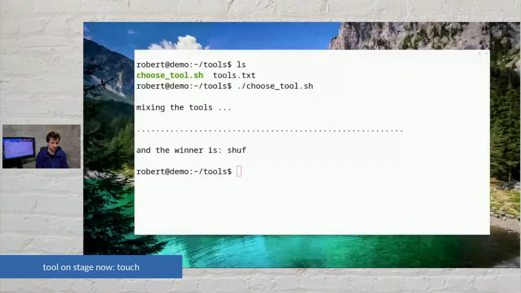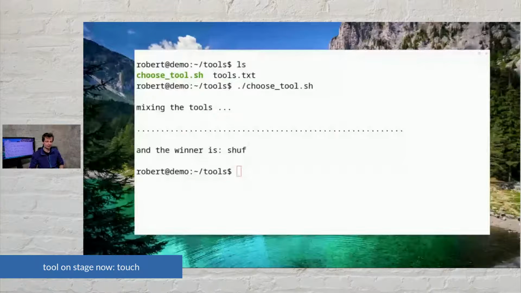You can see the timestamp, the change time. C time is the change time. And then you can see the access time of the file. If you don't add --time equals something, then you will see the modification time.